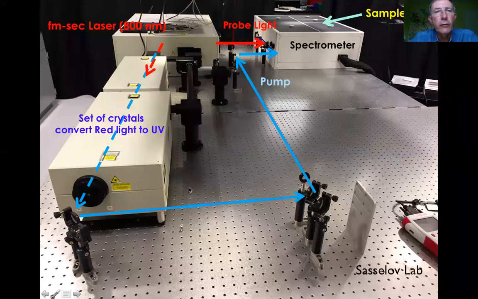The pulses are still femtosecond pulses, but now I can simulate the stellar UVC light here. I can go from 190 nanometers to 350 nanometers by tuning it using those crystals and pumping that light into the spectrometer.